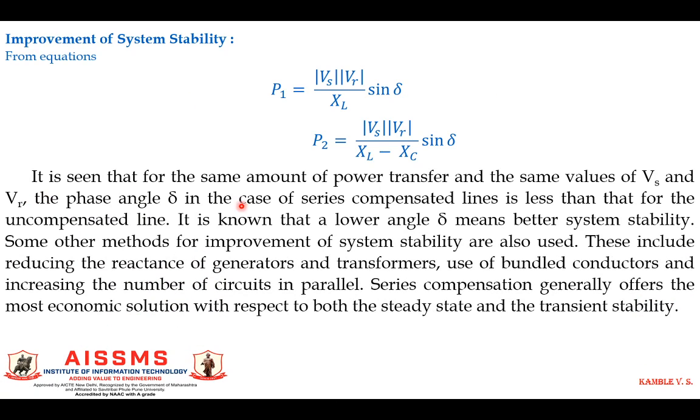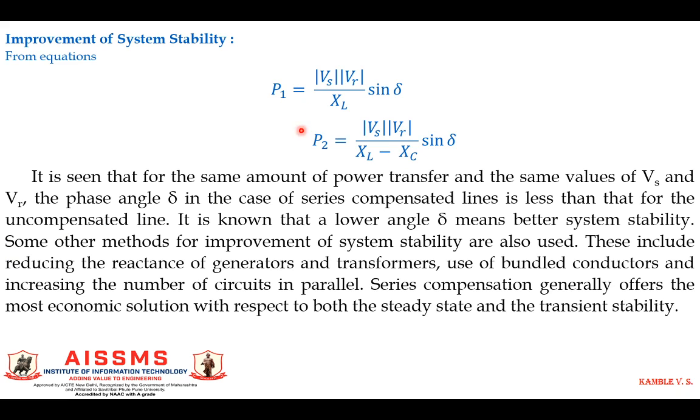We have to transfer the same amount of power, with the same values of Vs and Vr, whether compensation is there or not. The phase angle delta in the case of series compensated lines is less than that of the uncompensated line, because here the denominator has a lesser value and there the denominator has a greater value.